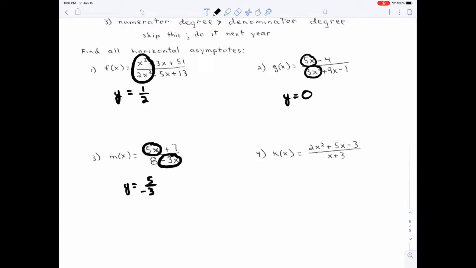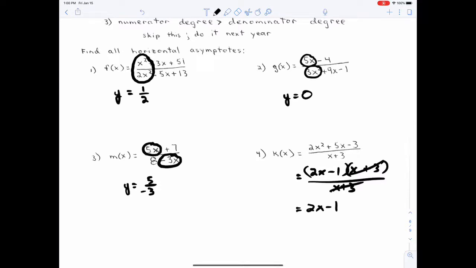So number 4, we've got 2x and x, and then +3 and -1. And then on the bottom, we have x +3. Well, those cancel. That gives us a hole, all right? But what's this thing graph as? It's a line. It's just a line with a hole.